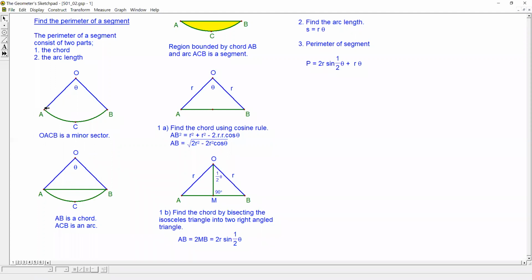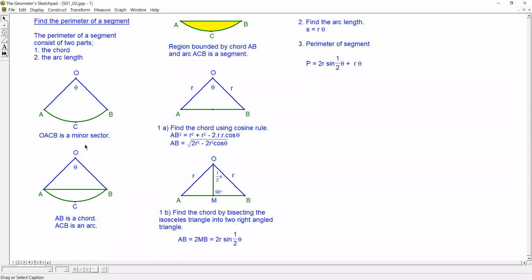The sector is bounded by one radius, two radius, and the green line called the arc. This is the radius, this is the arc. Arc is the name. Arc length is the distance, the length of this curved line. This shape is called the arc.